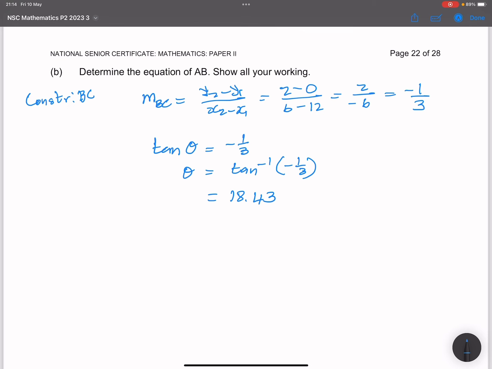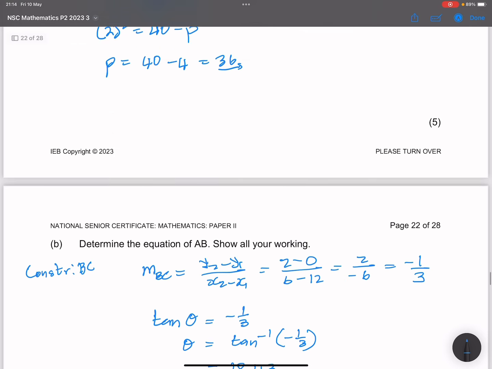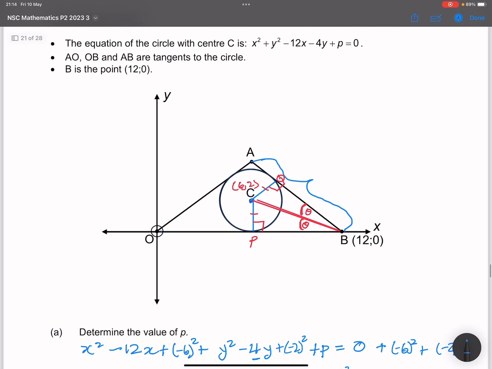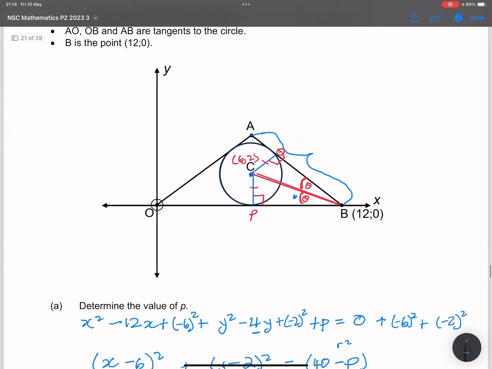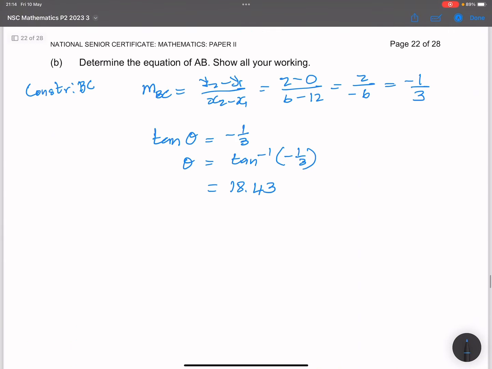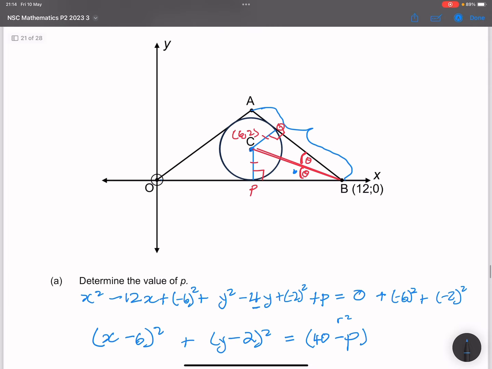All right, but what it means is that this angle here is 18.43. But we did say that angle, let's give it a name. So let's say angle CBO would be equal to angle ABC.